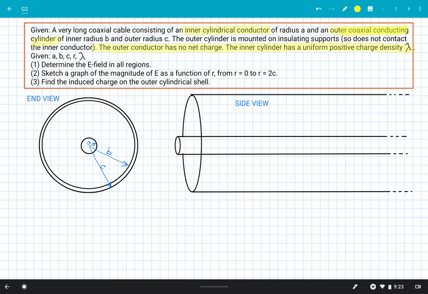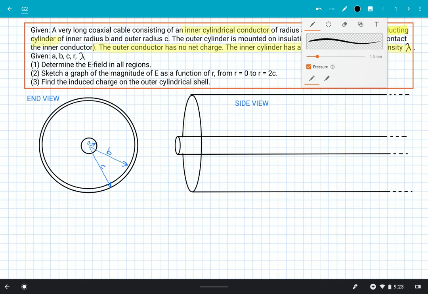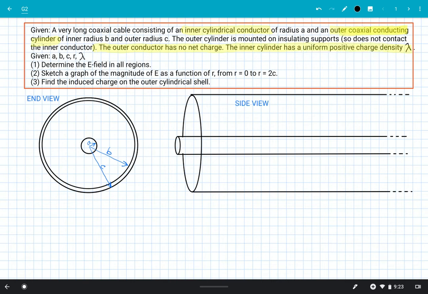So if we're finding it in all regions, that means we can start by thinking about the region r less than a. For r less than a, we are inside that inner cylindrical conductor.